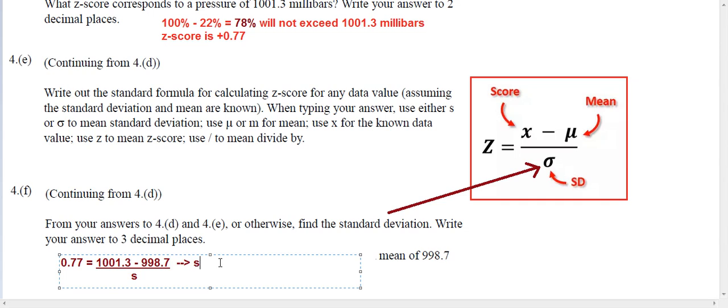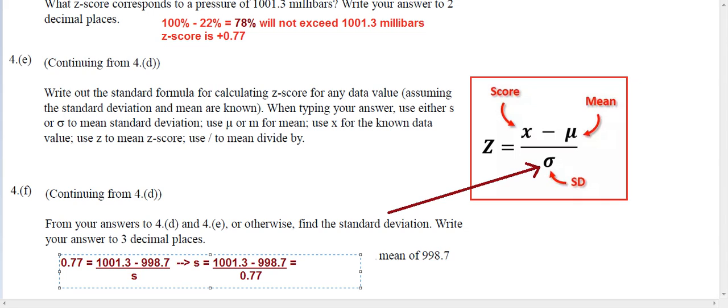So S is going to be equal to 1001.3 minus 998.7, divided by 0.77. So the standard deviation is going to be equal to these numbers.